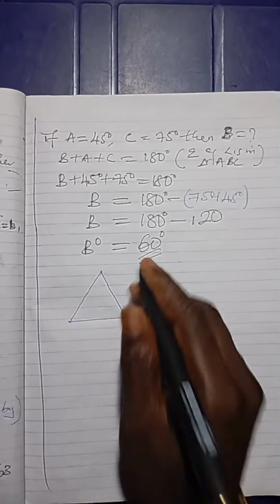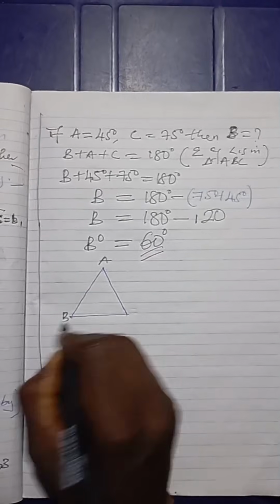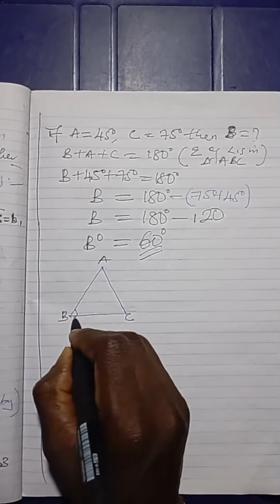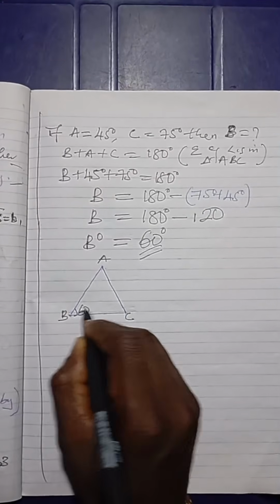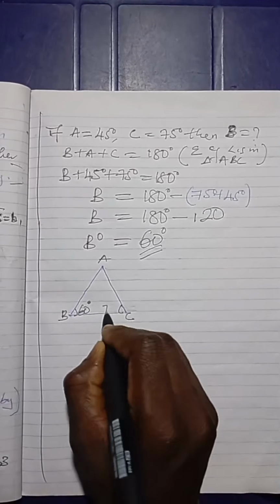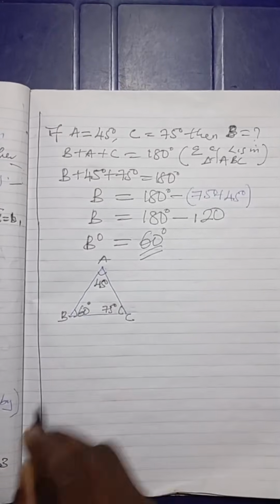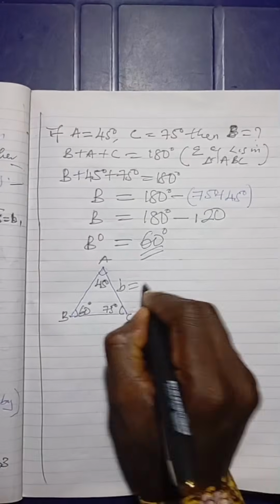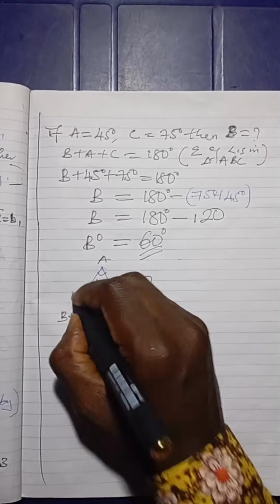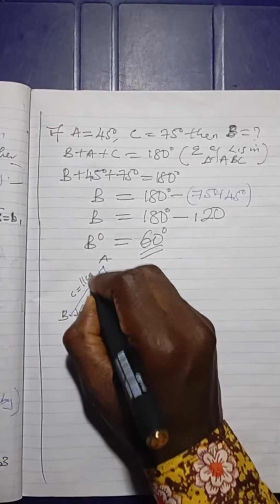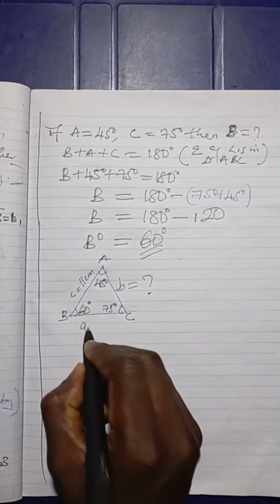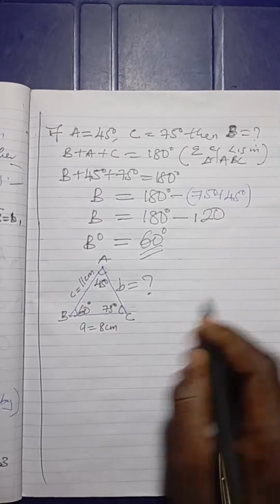This is your A, B, and C. We found this as 60. Here was given as 75, and here is given as 45. So b is not known, whereas c was given as 11 cm. a is now 8 cm.